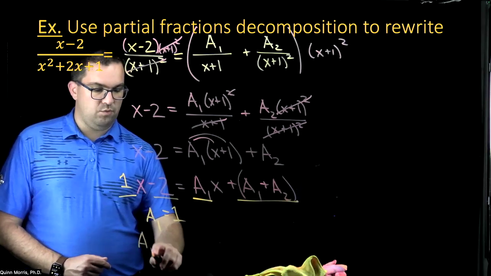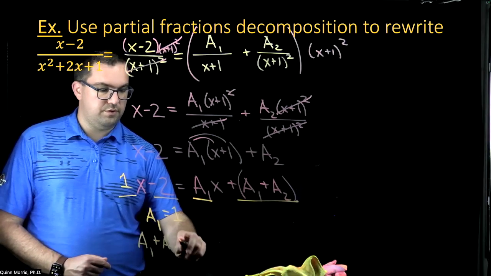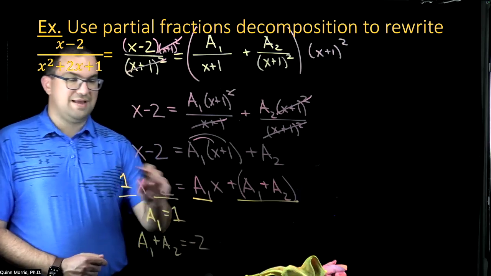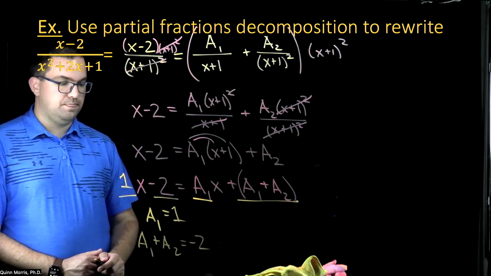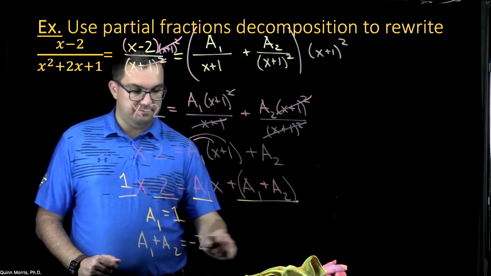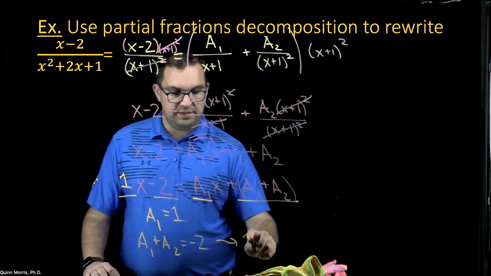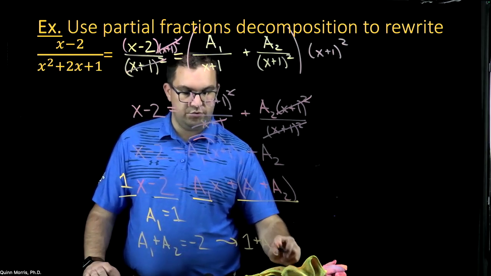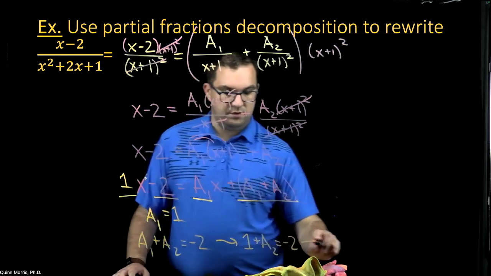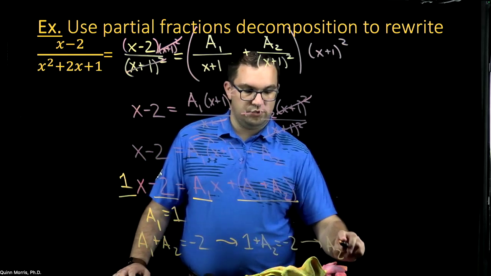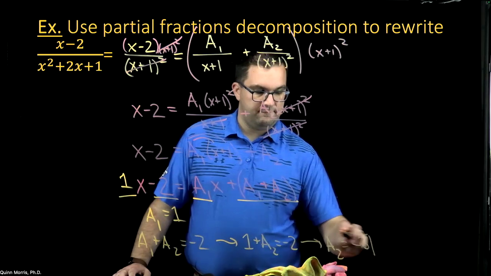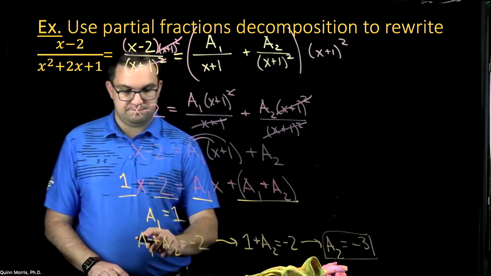That tells me that a1 plus a2 has to be equal to -2. But I know that a1 is 1, so 1 plus a2 is -2, which tells me that a2 is -3.